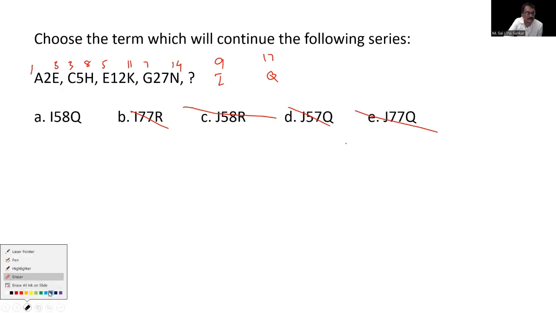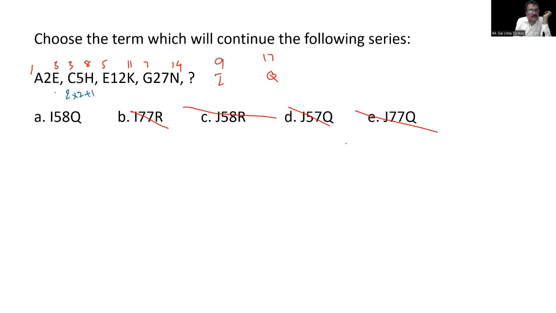Okay. Now come to this case. The relation between 2 and 5: 2 into 2 plus 1 is equal to 5. And this is equal to 5 into 2 plus 2. That means this digit into 2 plus 1, this digit into 2 plus 2.